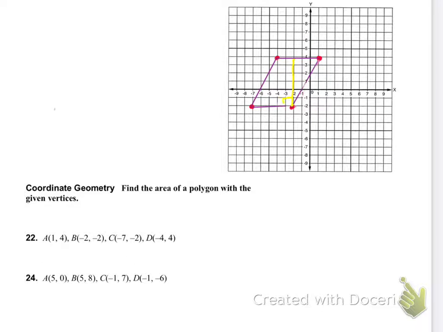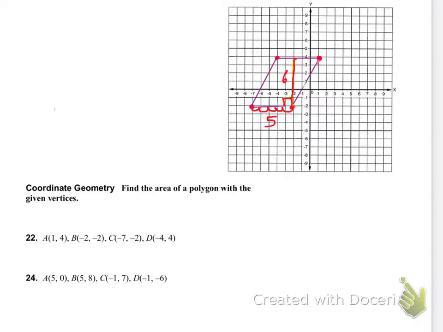If I do this right here, you can see there's a height, and then we have that 90 degrees right there. So my base would be 1, 2, 3, 4, 5, and my height would be 1, 2, 3, 4, 5, 6.